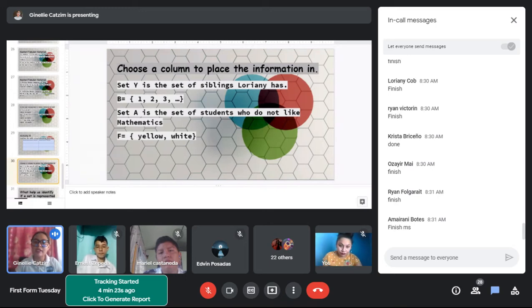We have set Y is the set of siblings Loriani has. B equals 1, 2, 3, and recurring dots. Set A is the set of students who do not like mathematics. We have F equals yellow and white. Fill that out in your table. If you think that set A is raster notation, put it under raster notation.